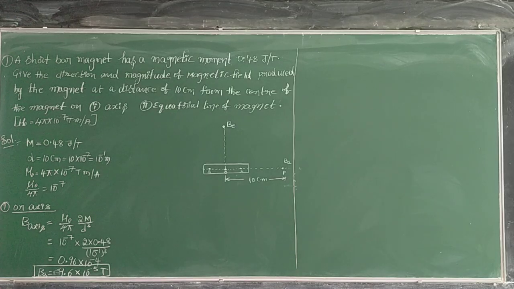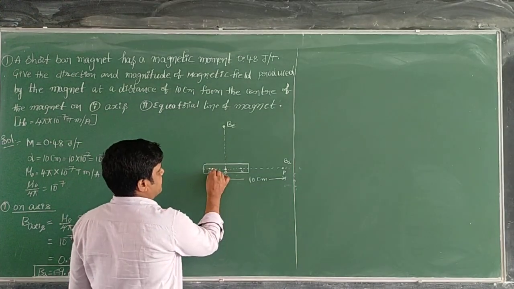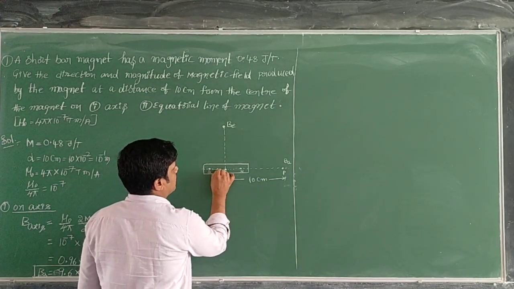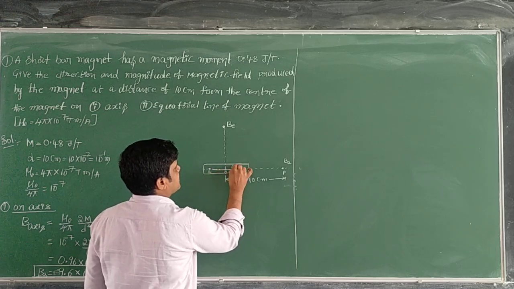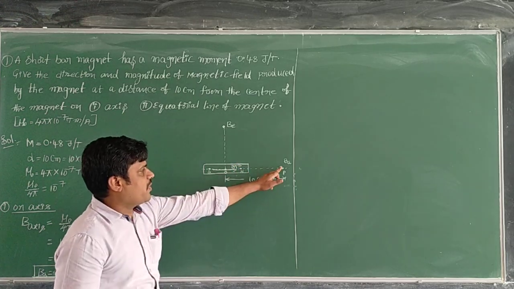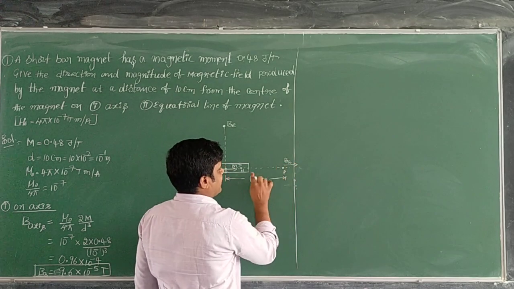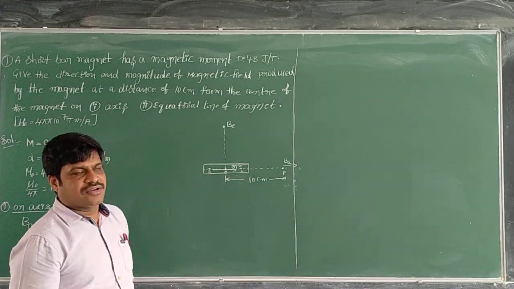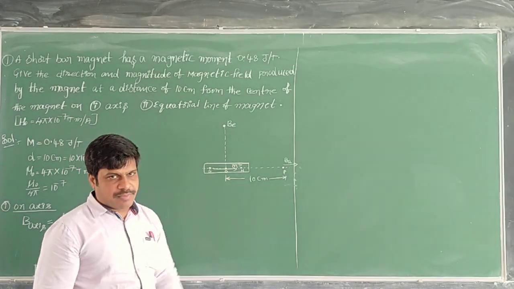What is the direction of the magnetic field on the axial line? The magnetic dipole moment direction is from south to north pole. At this point, the direction of the magnetic field is along the direction of the magnetic dipole moment.